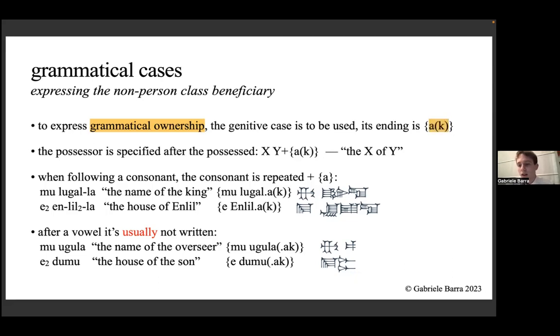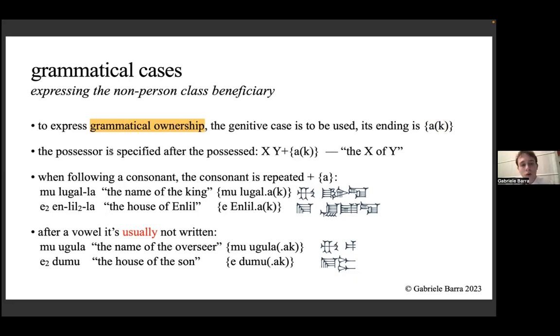It's -ak. Now I have put the k inside of parentheses because it almost never appears. We'll see why in the next lesson, but basically there is always the a and very rarely the k.